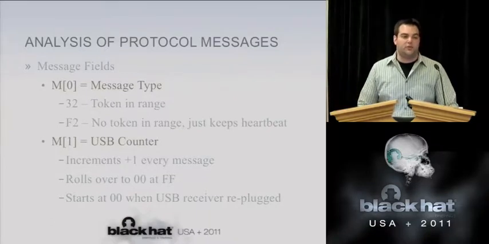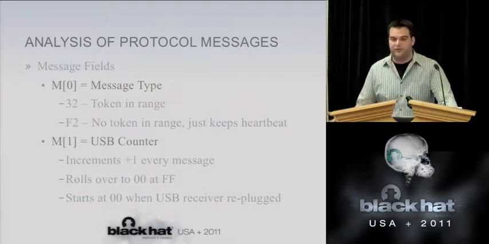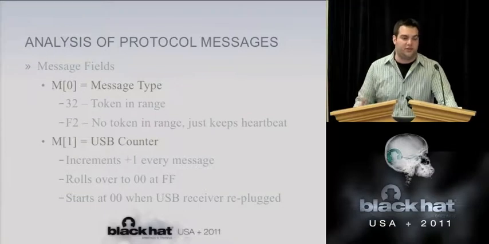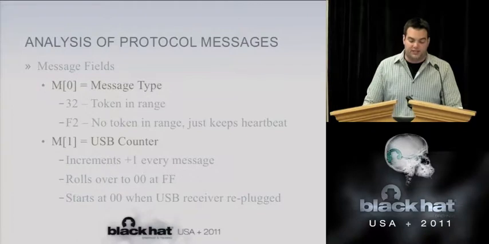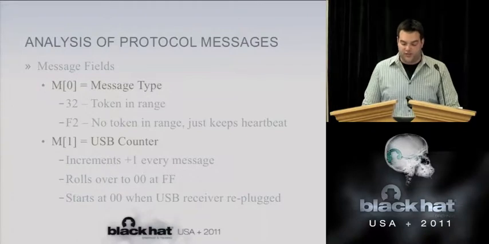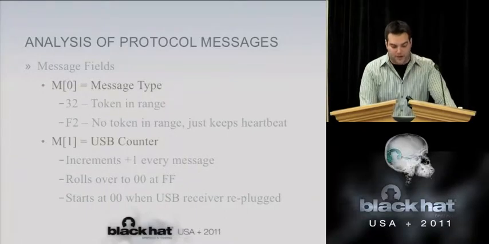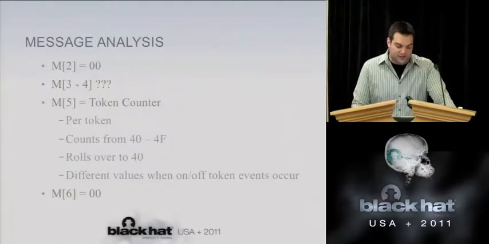So if we're trying to plug in our malicious device, we know this value is going to start at 0 again. There's nothing we have to brute force, 255 different values, to sync up at the right place in this counter. It's predictable when we plug in our malicious device, if it gets to that, of course.